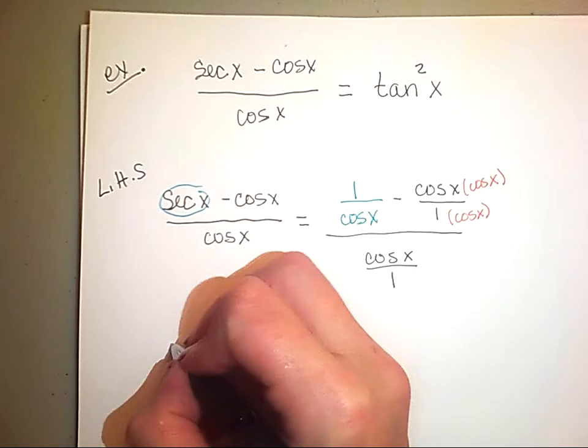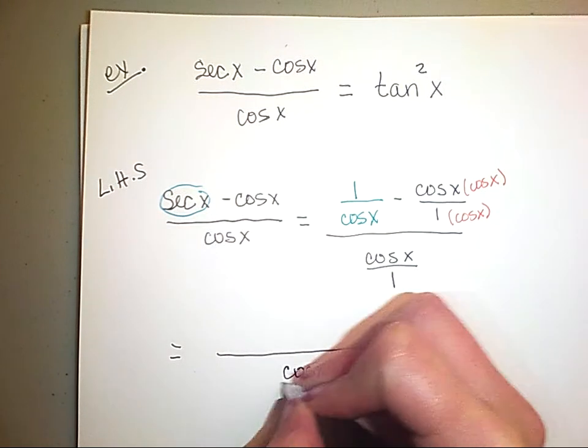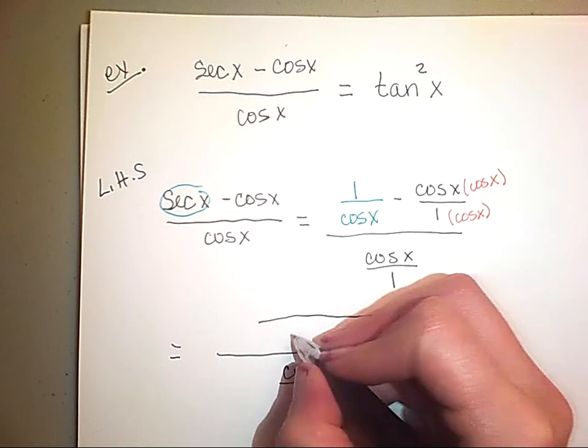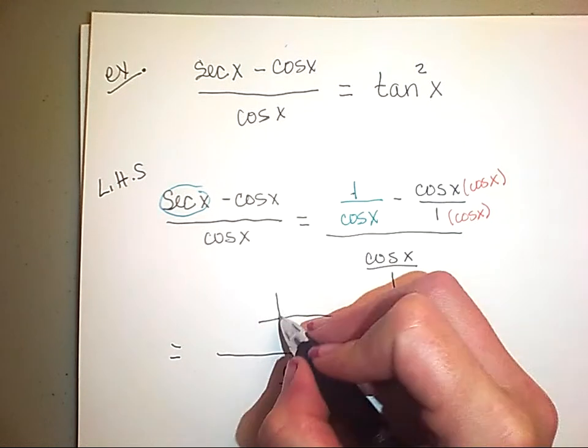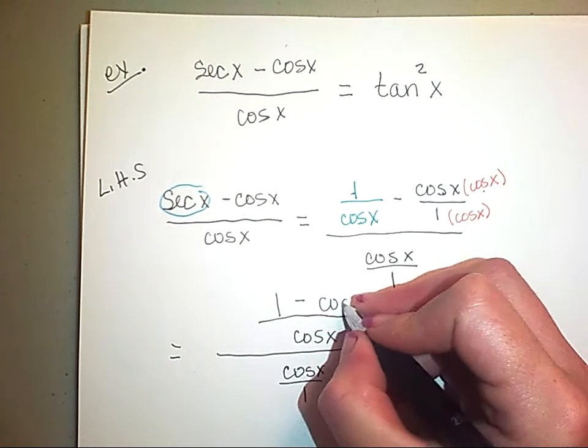So what we get then is our denominator stays the same, cosine of x over 1. We have the new denominator here, which is the cosine of x. So I'll take the 1 from here, and then minus cosine times cosine is cosine squared.